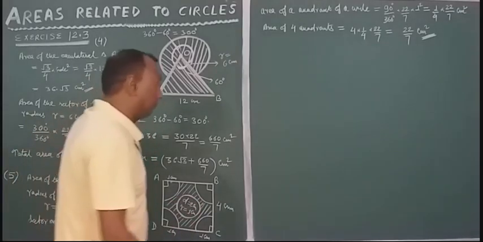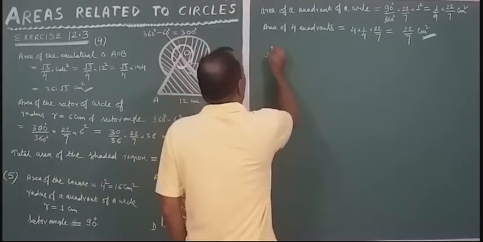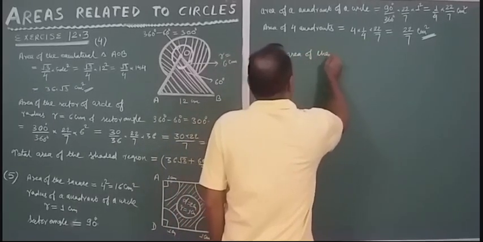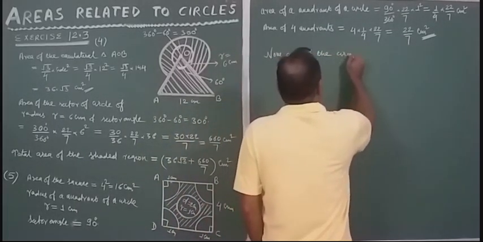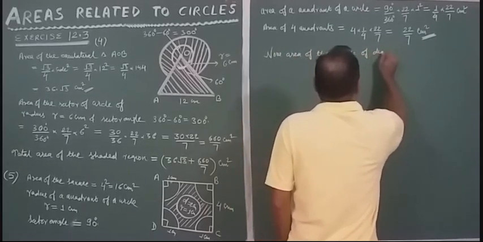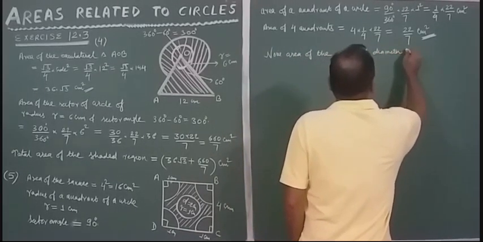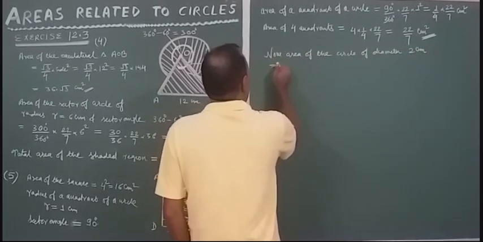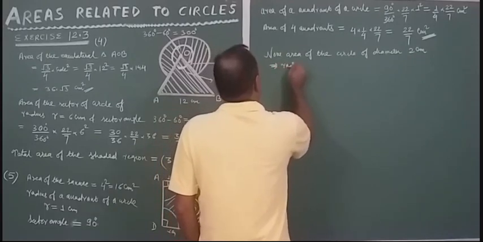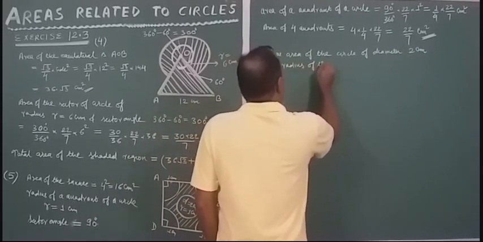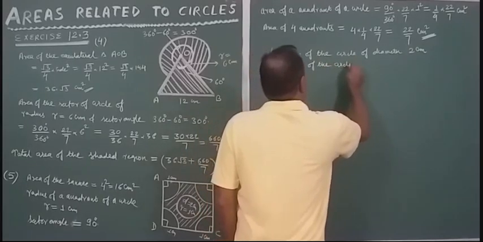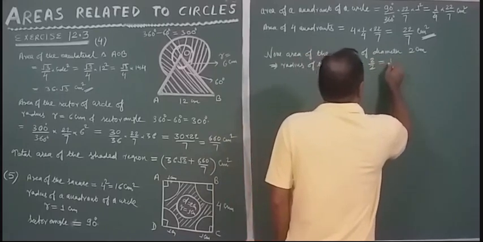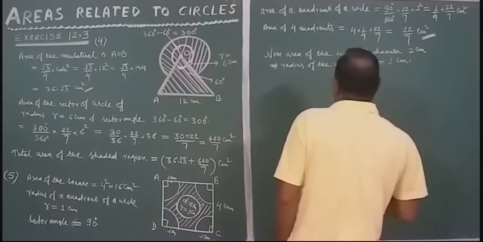Area of the circle. Now area of the circle of diameter 2 centimeter. Therefore, radius of the circle, that will be diameter upon 2. 2 upon 2, which is 1 centimeter.